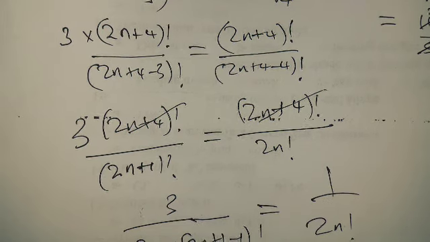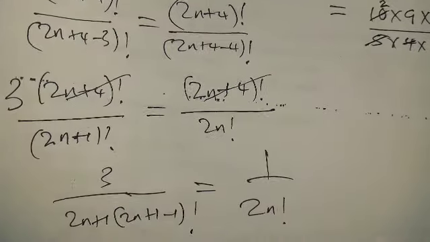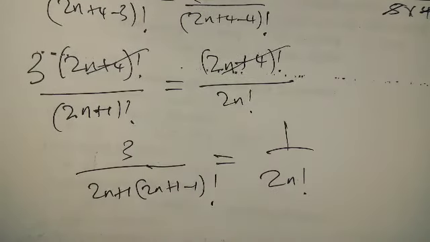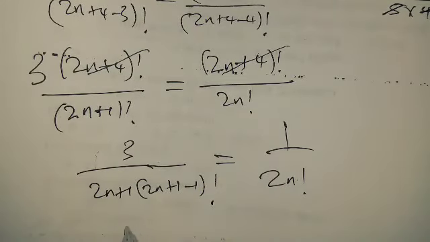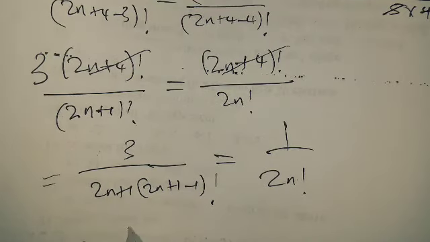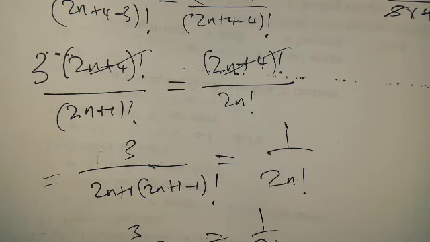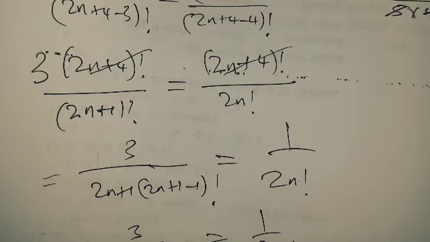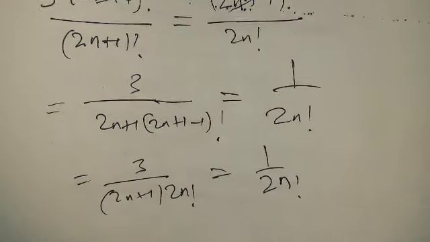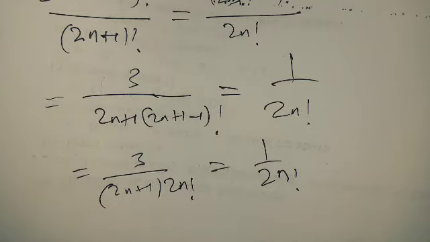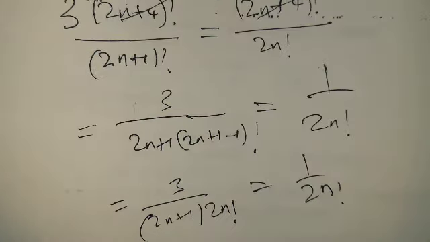So from here we know that we have 3 over 2n plus 1 bracket 2n factorial is equal to 1 over 2n factorial.